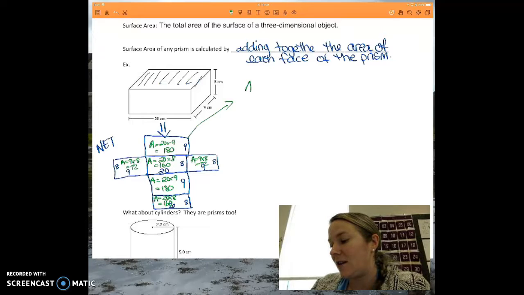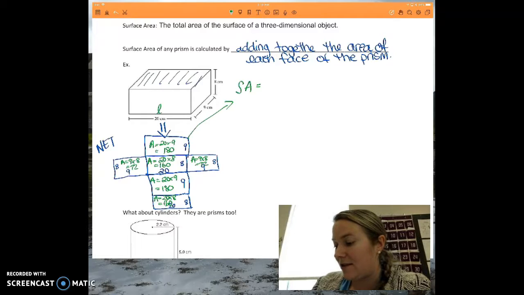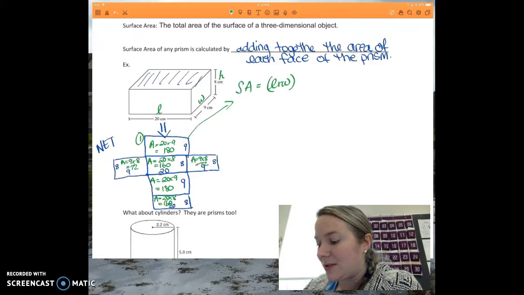So the surface area, SA, is, if we say this is length, this is width, and this is height, this first one here, we'll call that number 1, is the length times the width. And how many length times widths do we have?